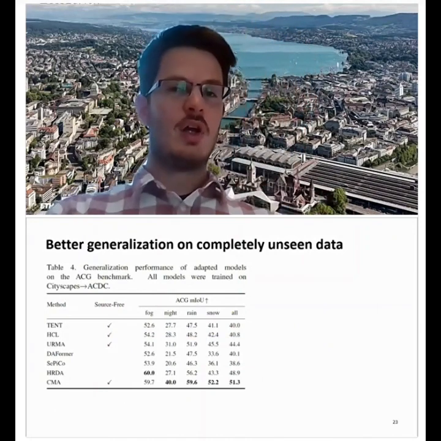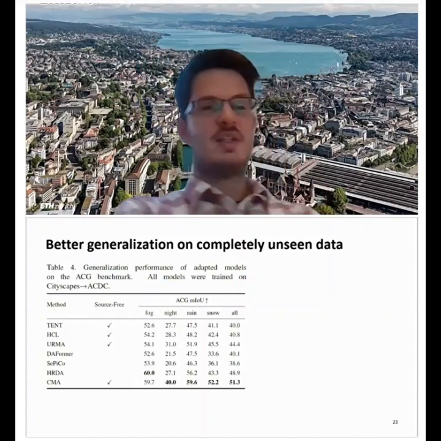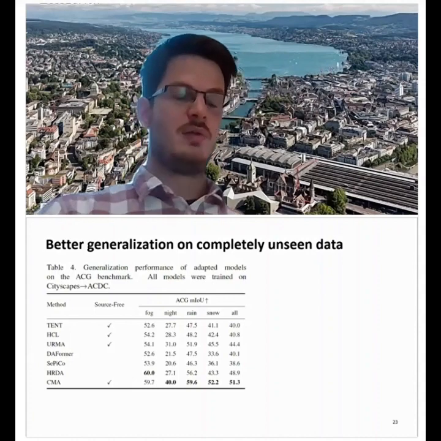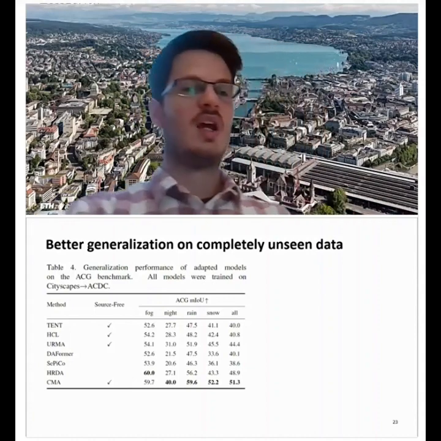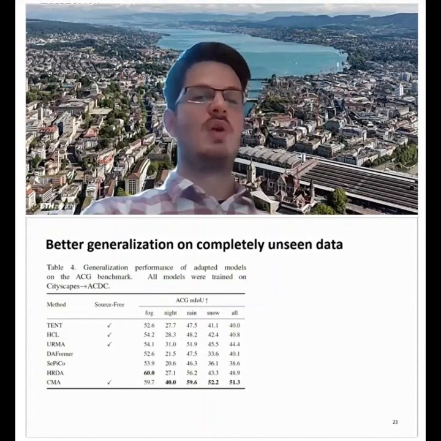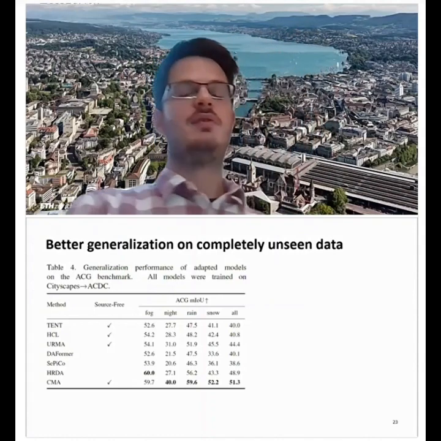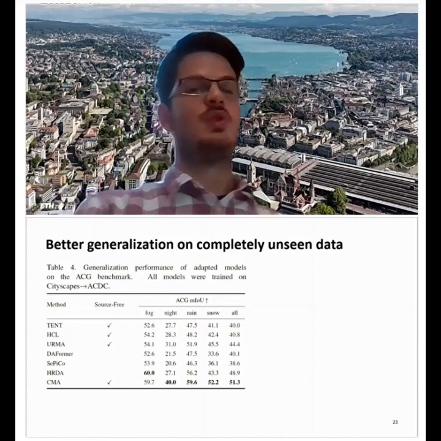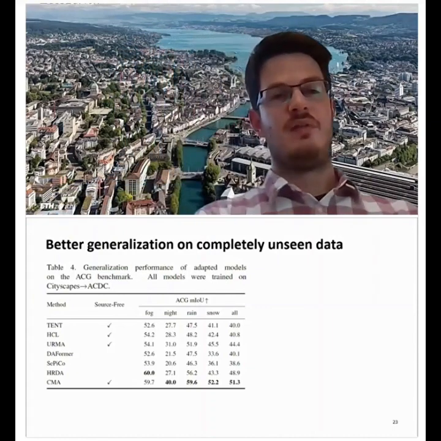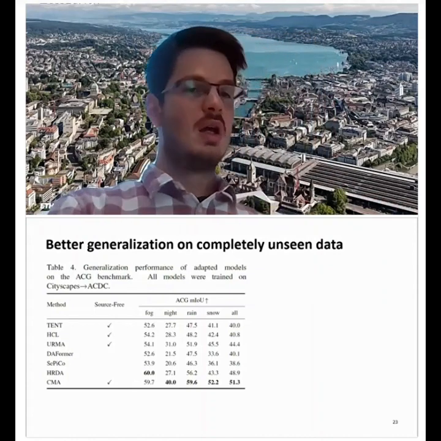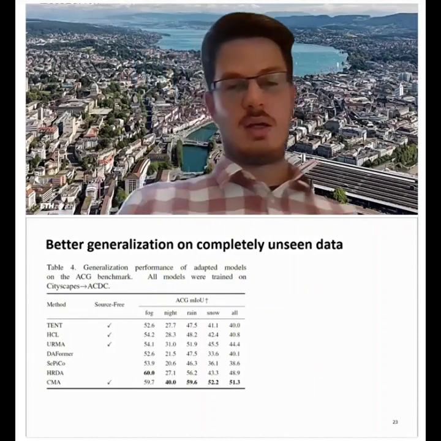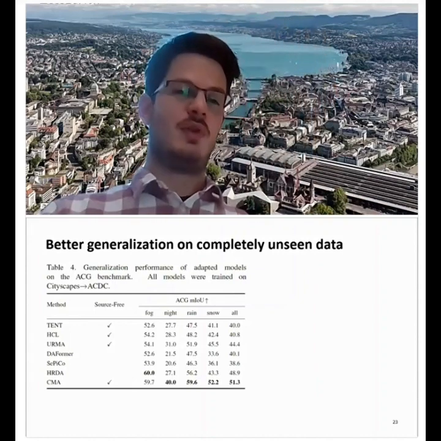And again, I will not go into the full quantitative comparisons, but just as a teaser for you to also read the paper more thoroughly, I can already tell you that even in the case where we want to generalize, so we have trained, for example, on Cityscapes to ACDC, our model adaptation, and then we take this model and we evaluate it on a completely different benchmark. We have compiled a benchmark called ACG from different existing datasets with adverse conditions.